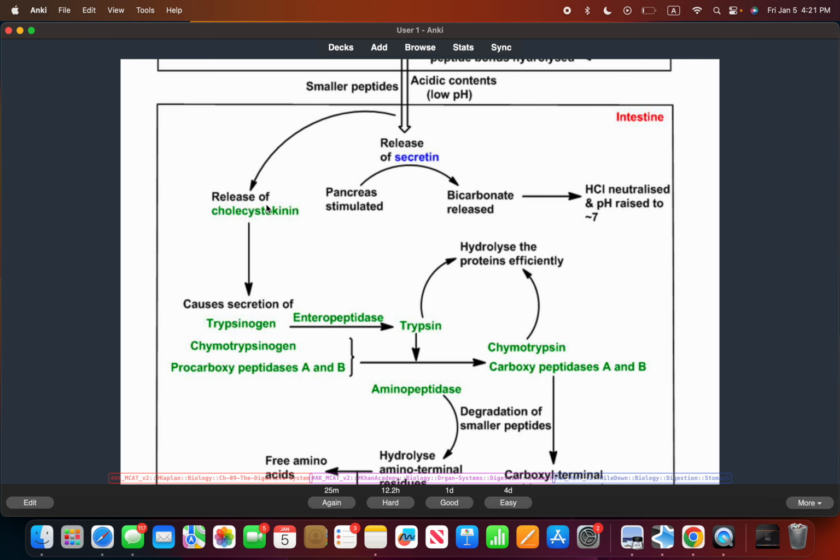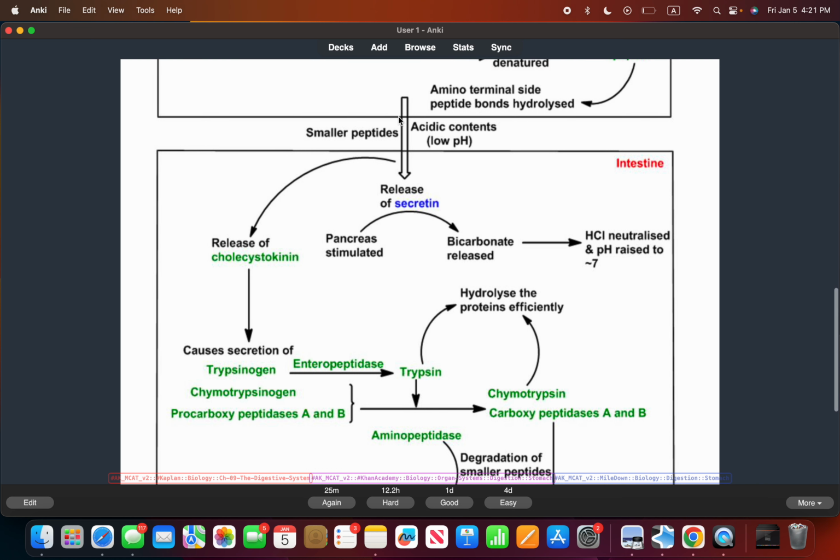Now there is a release of cholecystokinin because of the smaller peptides.